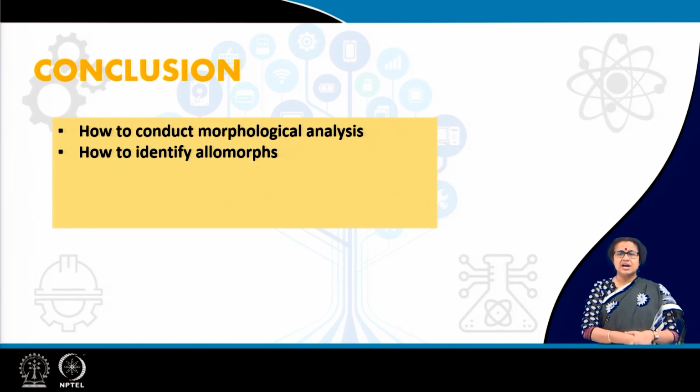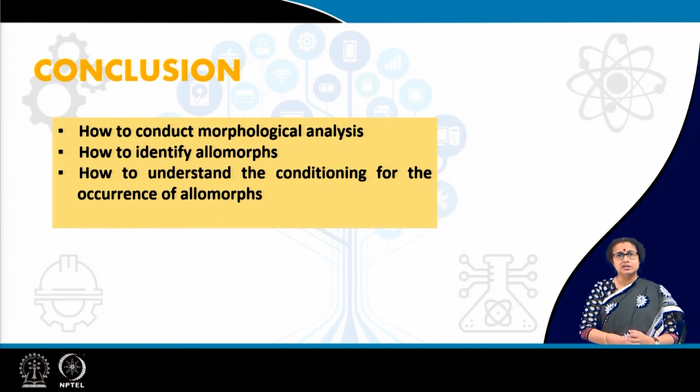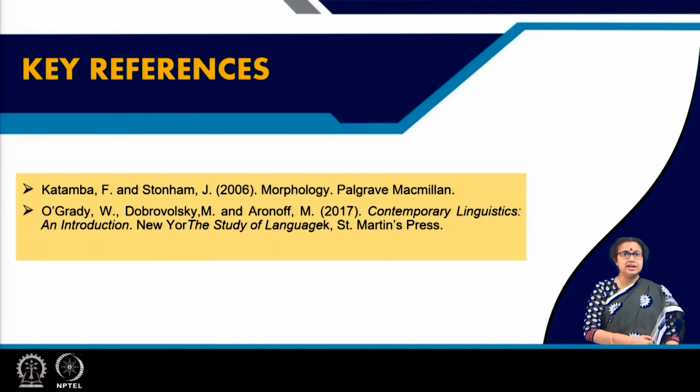We talked about identification of allomorphs, how different conditions help us to identify allomorphs, because there are conditionings, for example, phonological, grammatical and lexical conditioning, which help us to understand the restrictions for the occurrence of allomorphs. I hope you will actually go through the data and solve the puzzle.